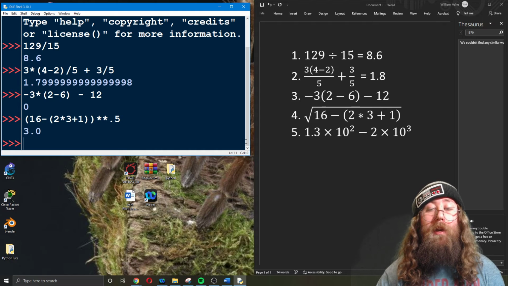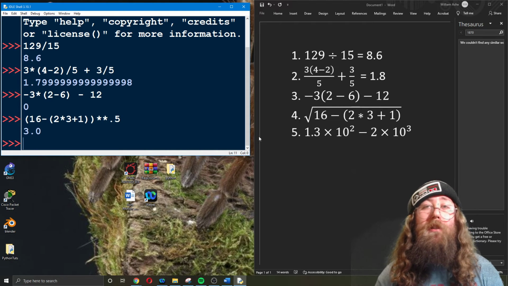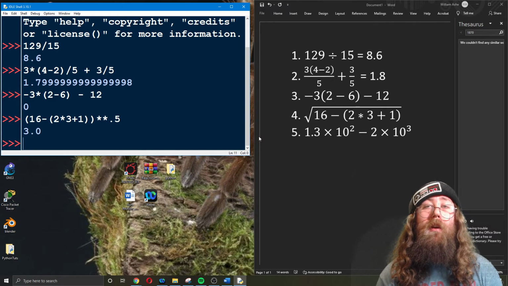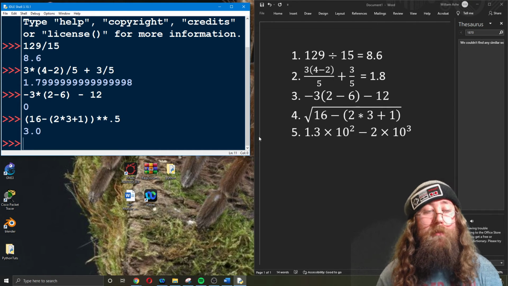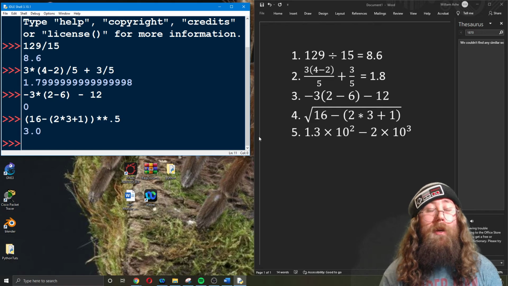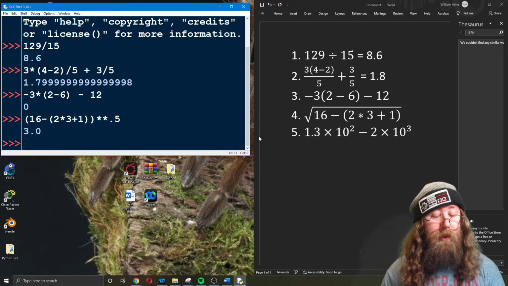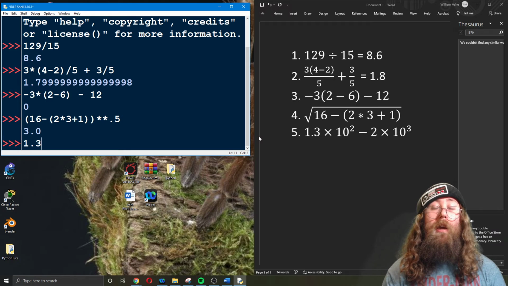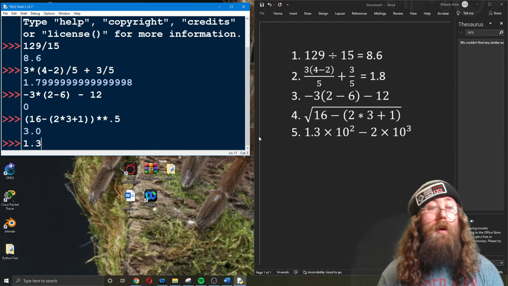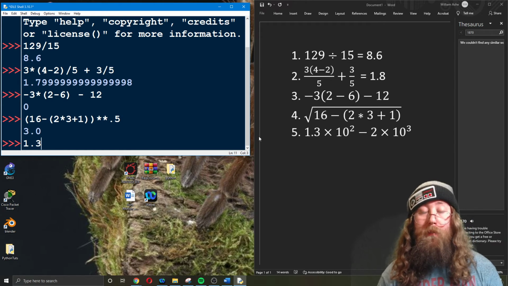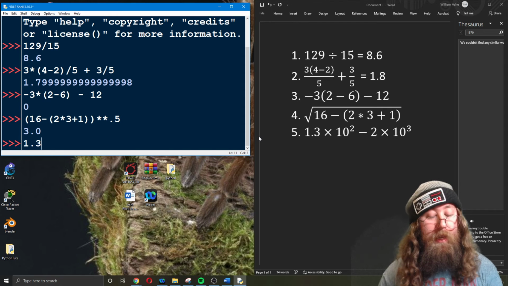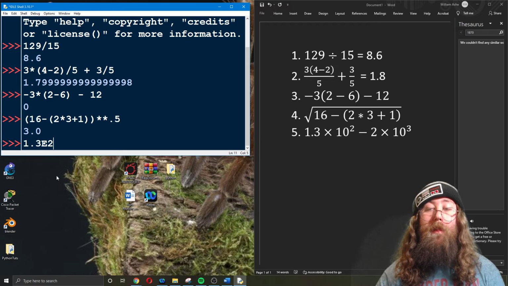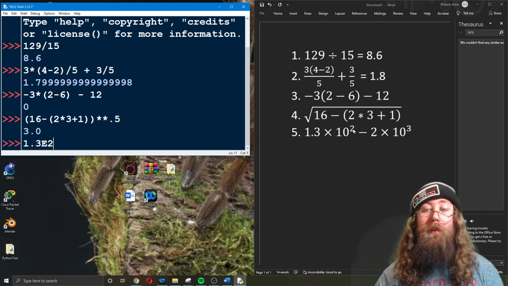The last one is some scientific notation. If you want to enter scientific notation into Python, they actually provide a nice syntax for doing that. I can enter 1.3, but instead of saying times 10 to the second power, which I could do, I'm going to use something else. I'm going to say e to the second, and this is equivalent to this term.